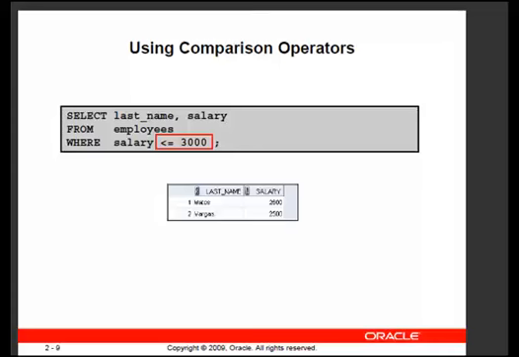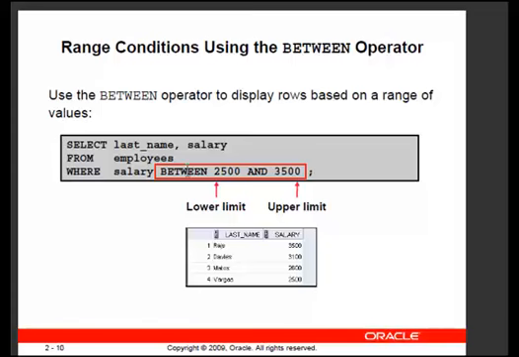Here is the example for salary less than or equal to 3,000. Here is the interesting example, salary between lowest limit and upper limit, including 2,500 and including 3,500. Let's try this example.